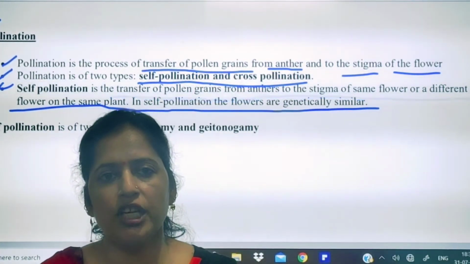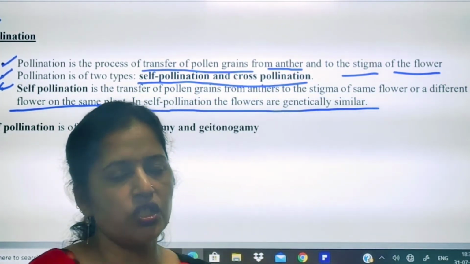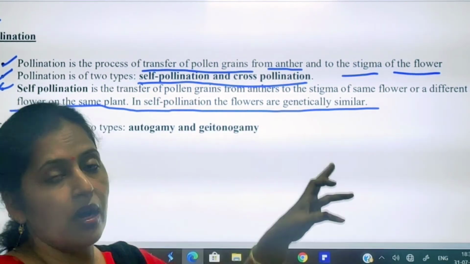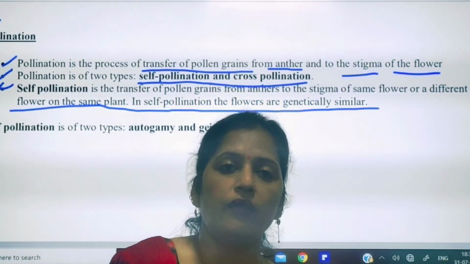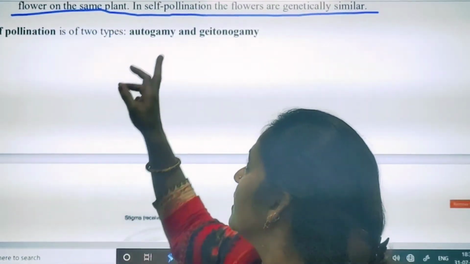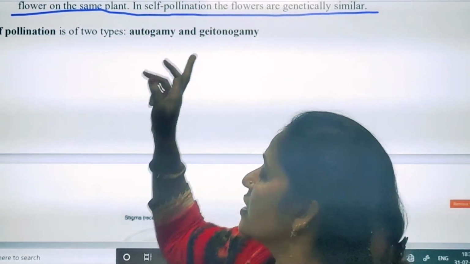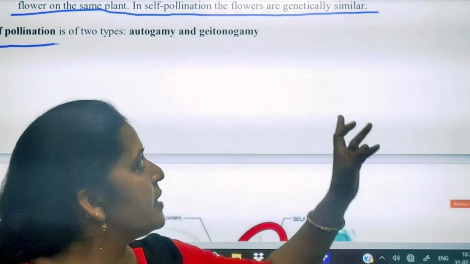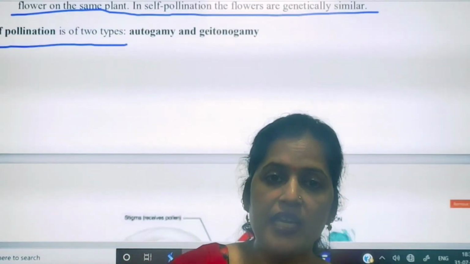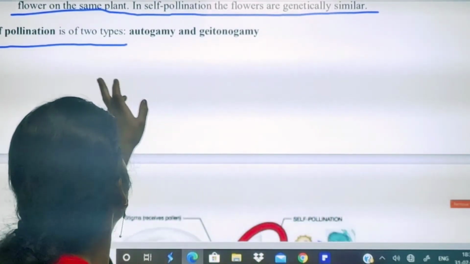So self-pollination is a process in which pollen grains are transferred from anther to the stigma, either of the same flower or a different flower on the same plant. The flowers are genetically similar with each other.